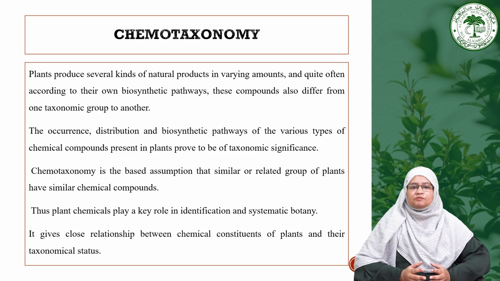This chemotaxonomy is based on the assumption that similar or related groups of plants have similar chemical compounds. Thus, plant chemicals play a key role in identification in systematic botany. So, it gives a close relationship between chemical constituents of plants and their taxonomic status. That's why it is very important to analyze the different chemicals present in different groups of plants.